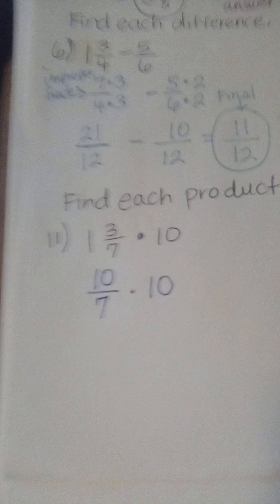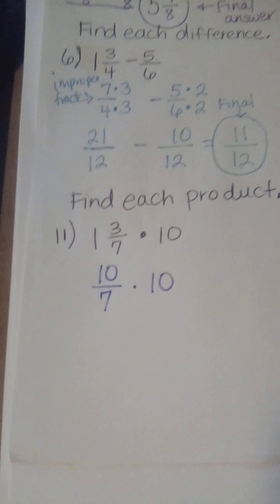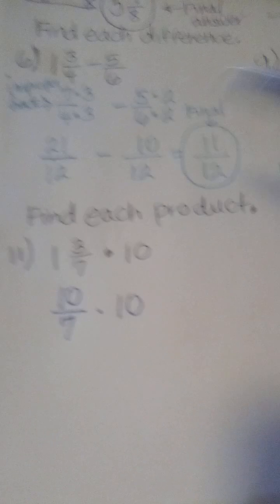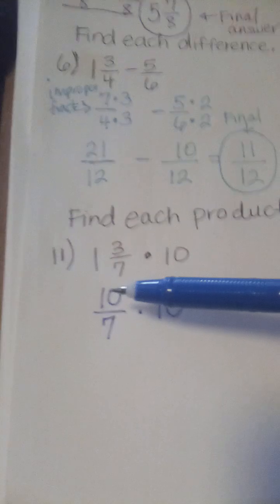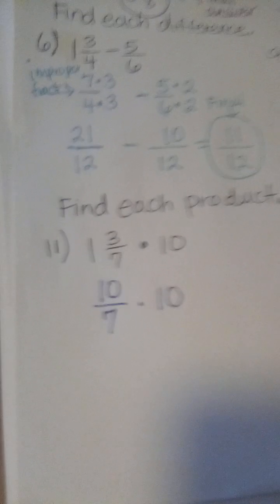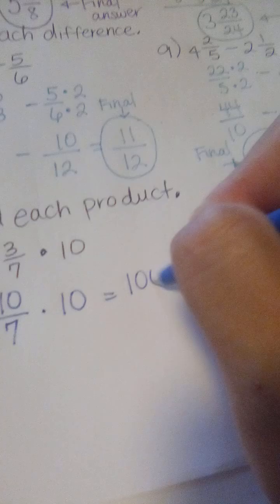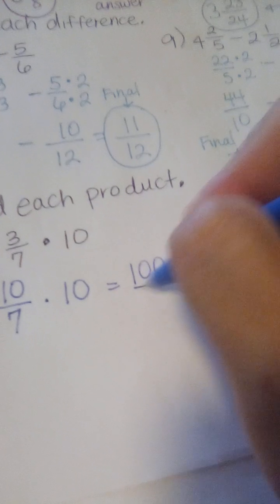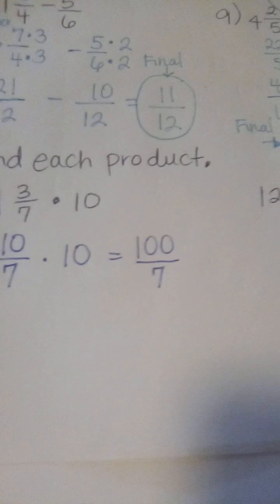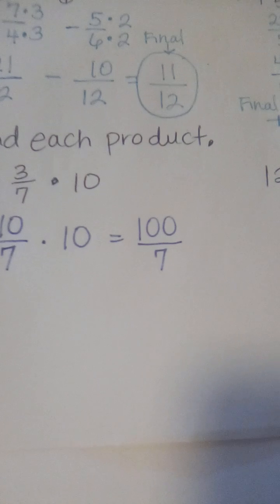All right, this is kind of a little bit tricky, but it's okay. Now we have a fraction times a whole number. When you see this, we multiply the numerator times the whole number, which is 10 times 10 to give us 100. And then you put whatever's remaining, the denominator, 7. 100 over 7. We're not finished.